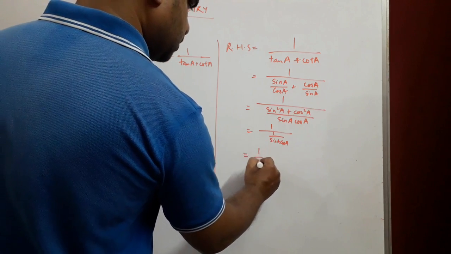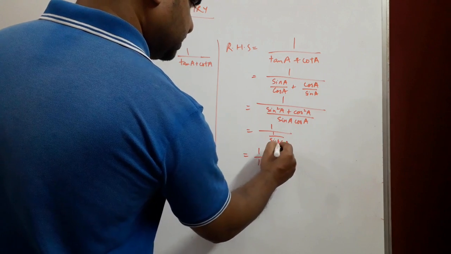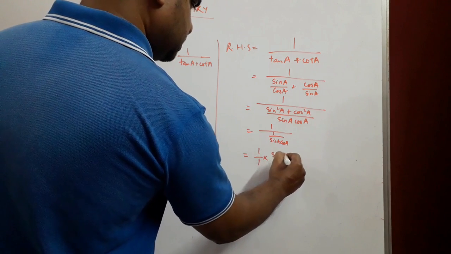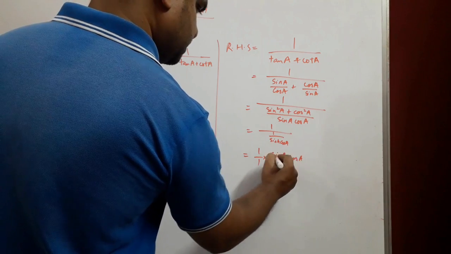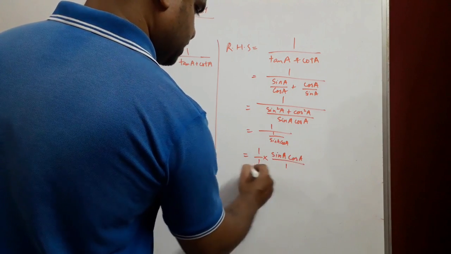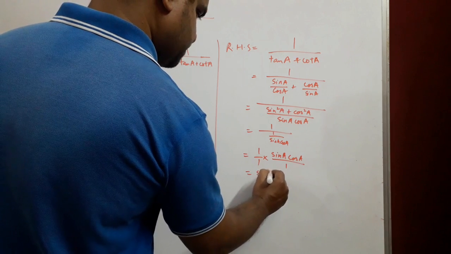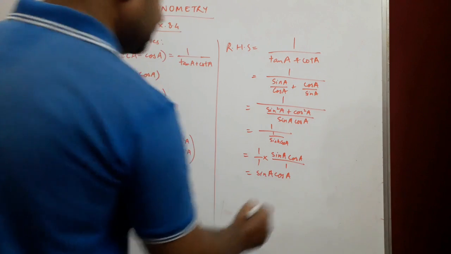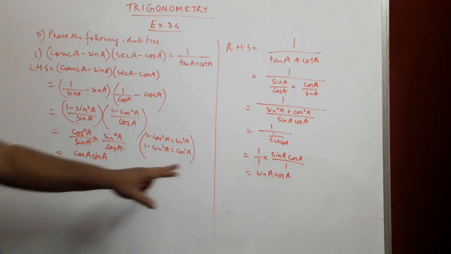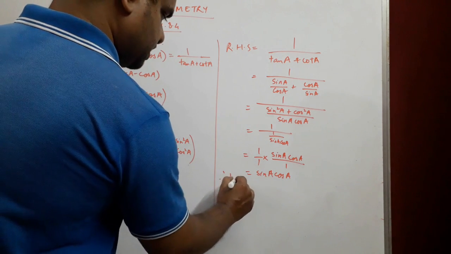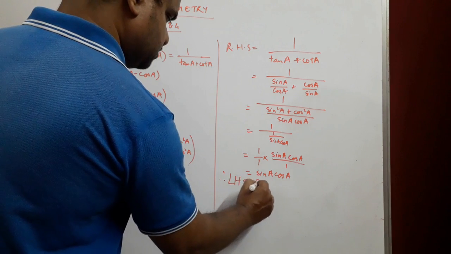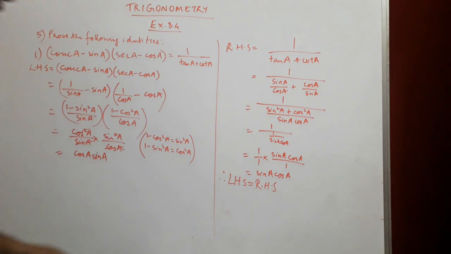So 1 upon 1 into, what is the denominator will become the numerator, and the numerator will become the denominator. So we are left with sin a cos a. So both sides we are left with sin a cos a. We can say therefore LHS is equal to RHS, and that's how we prove them equal to each other.